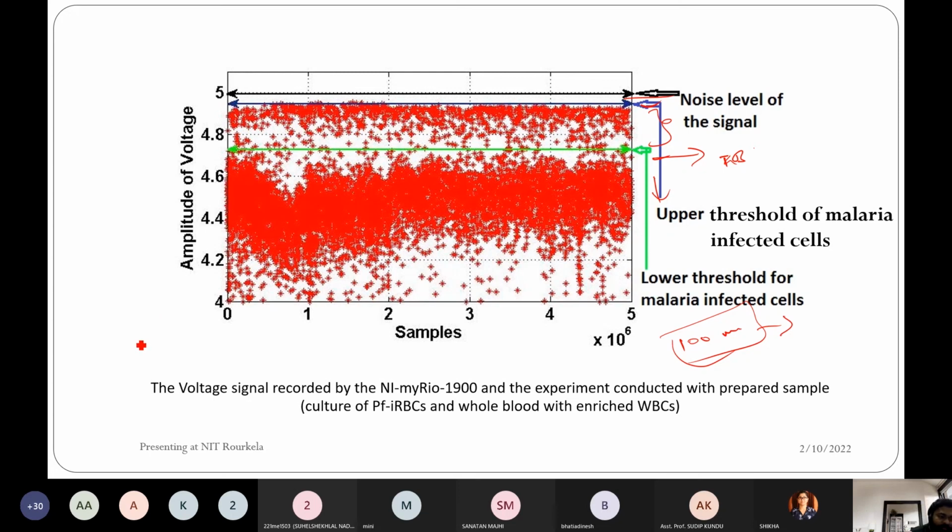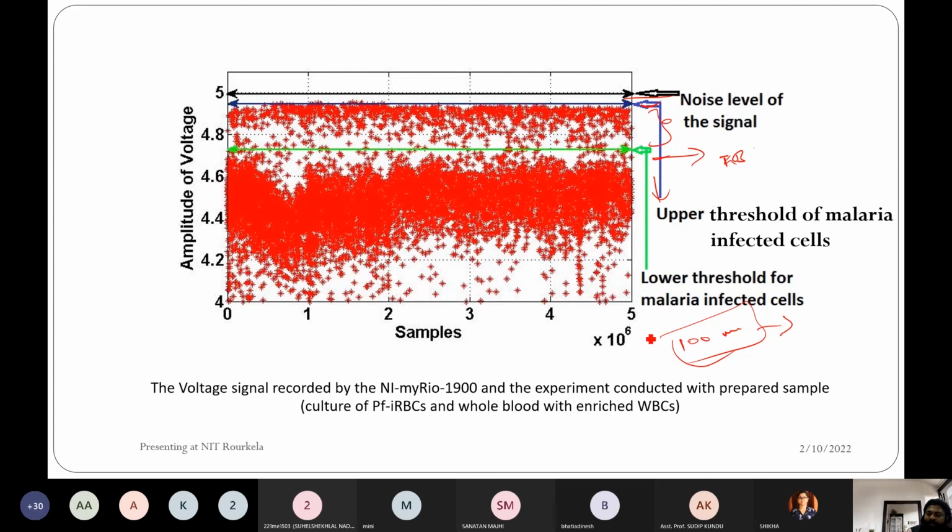But with clinical microscopy, what we assume is, okay, in this field of view I haven't found any, in this field of view I found one, in this field of view I found two infected cells. So overall maybe 1% of the cells were malaria infected; that is how you conclude.